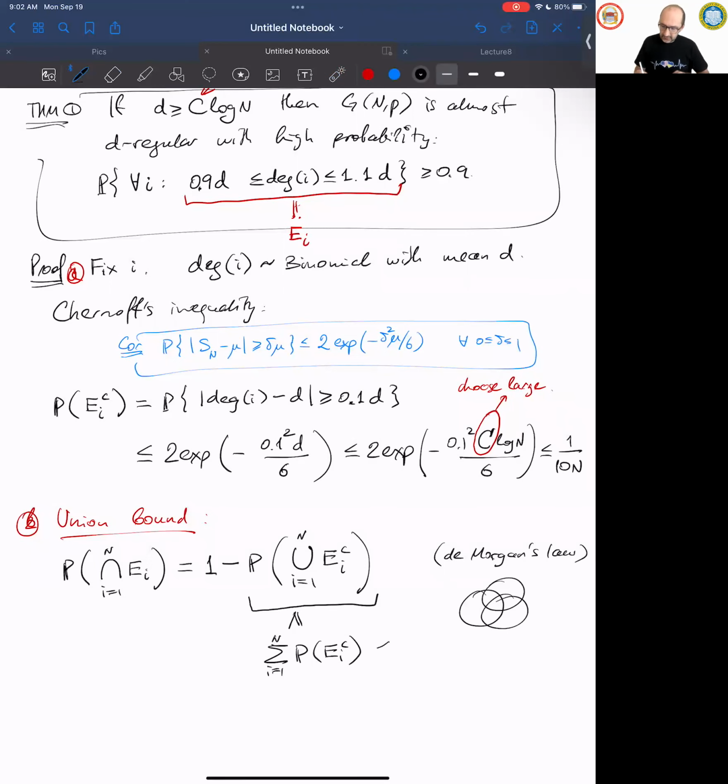And this is, as we know, n terms, each of which we proved is less than 10 over n, and we get 1/10. So we get that this is greater than 1 minus 1/10, which is 0.9, and that's it.